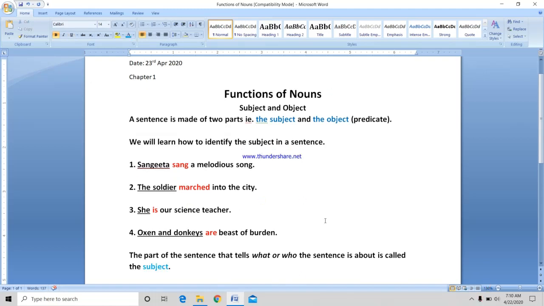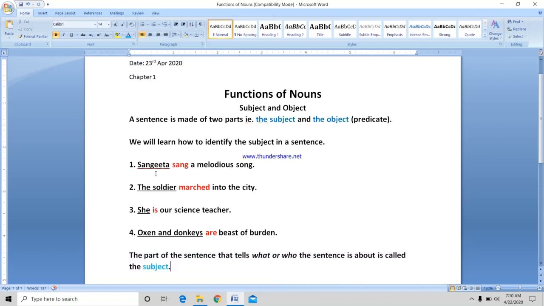Dear children, then what is a subject? What do we understand by a subject in a sentence? We can say from here, you can see the part of the sentence that tells what or who the sentence is about is called the subject.